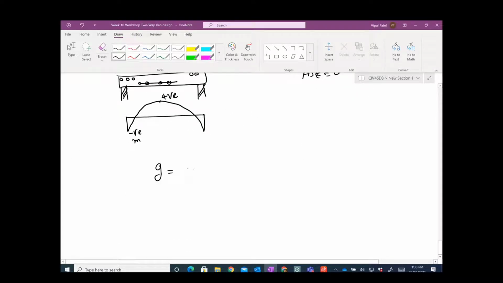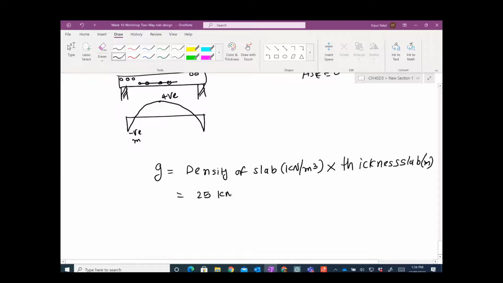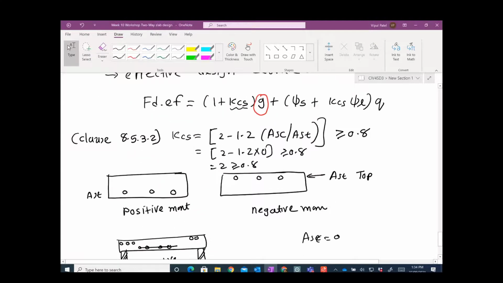G equals the density of the slab, kilonewton per meter cube, times the thickness of the slab. Therefore we need to use the trial thickness of the slab in millimeters. The density given in our example is 25 kilonewton per meter cube, times the total thickness of the slab.